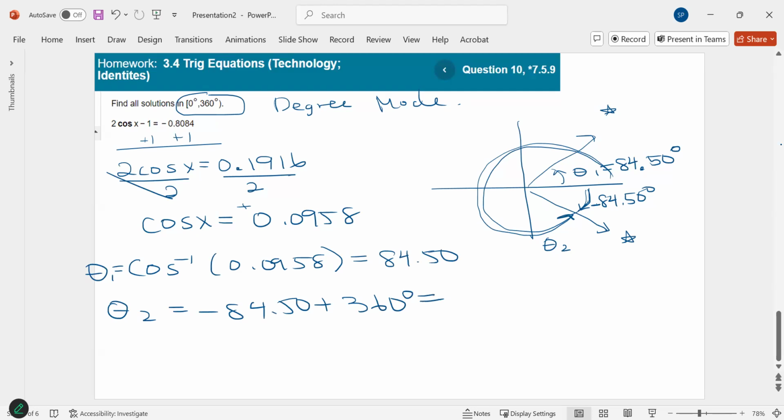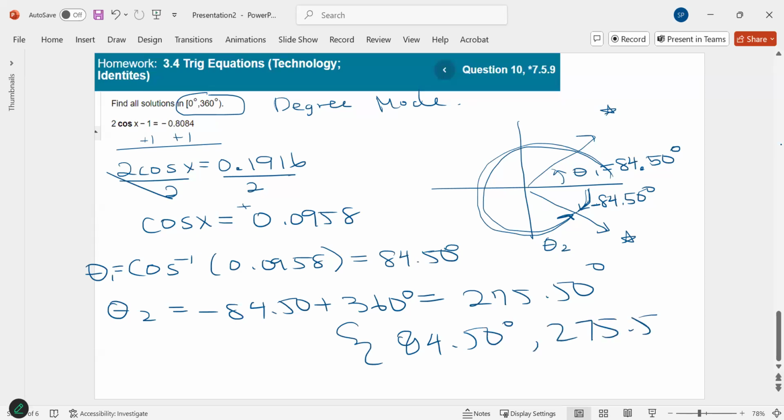And if we do that, that's 275.50 degrees. So the 2 angles in degrees are 84.50 and 275.50. Okay, I hope you found this mini homework problem review session helpful. Again, if you have any questions, please feel free to email us.